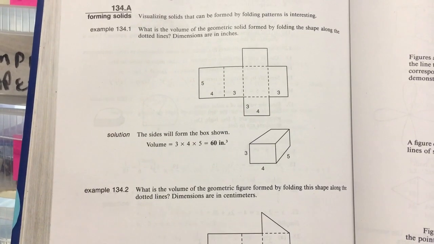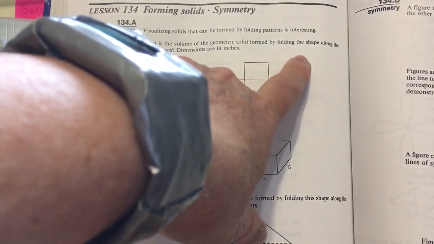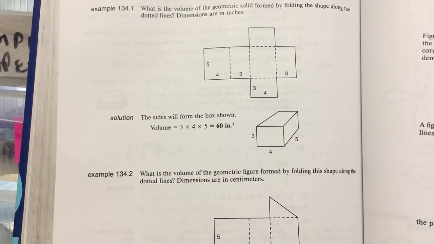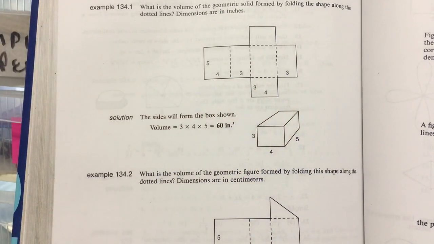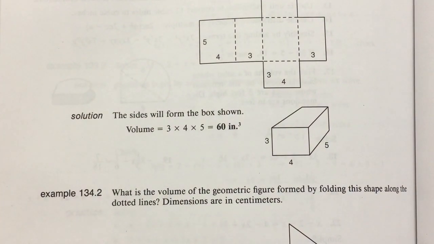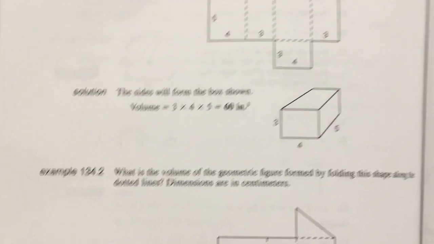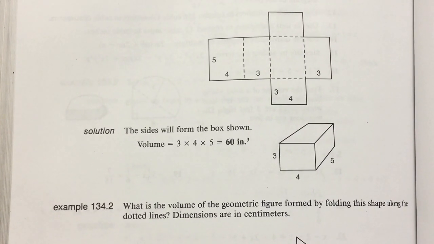It says, what is the volume of the geometric solid that is formed by folding the shape along the dotted line? So dimensions are in inches. So you can see here, let's see if I can make it a little bit bigger for you and still hold it on the screen here. There we go. That's a little clearer.